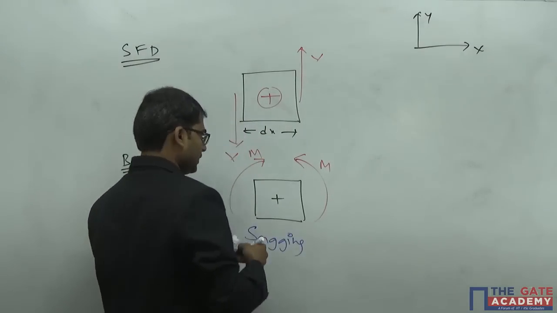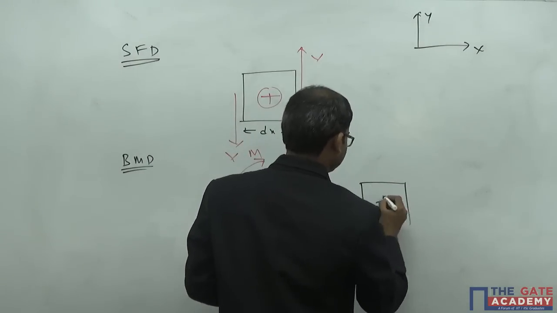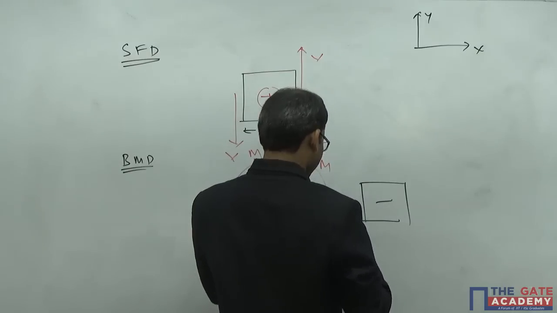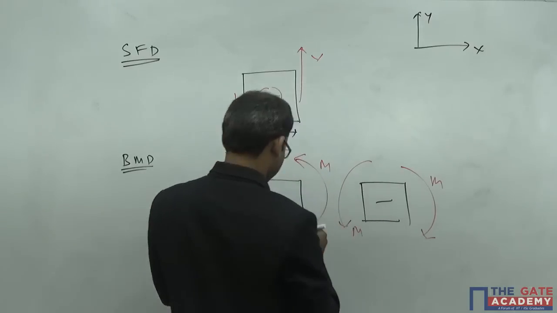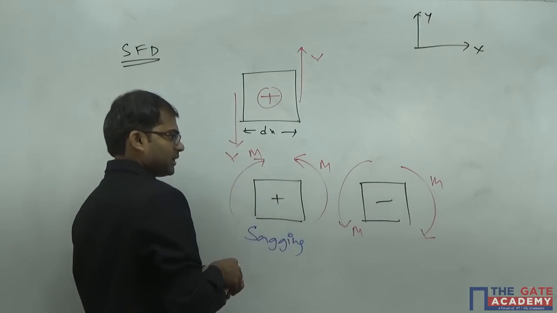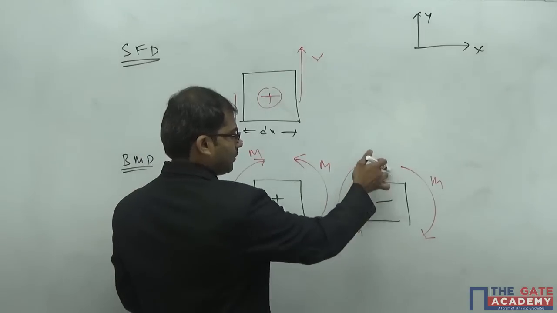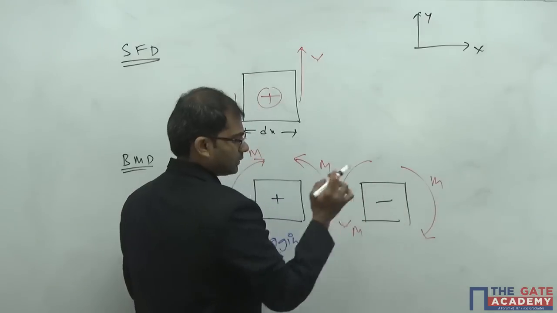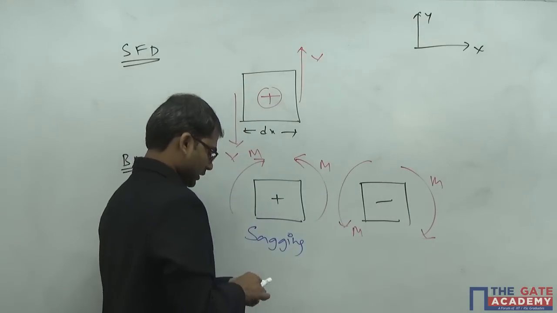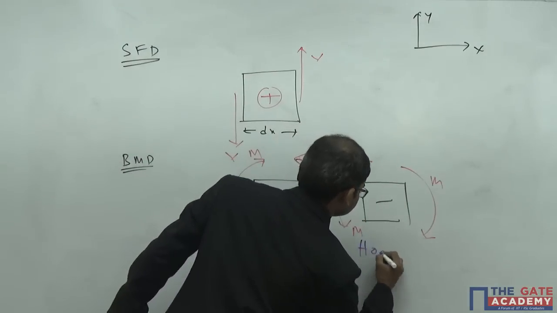If you take the reverse one, that means the negative sign convention. That means on the positive plane you must have clockwise direction, and here it should be anti-clockwise. So tension in the upper fiber and compression in the lowermost fiber, this phenomenon is called hogging.